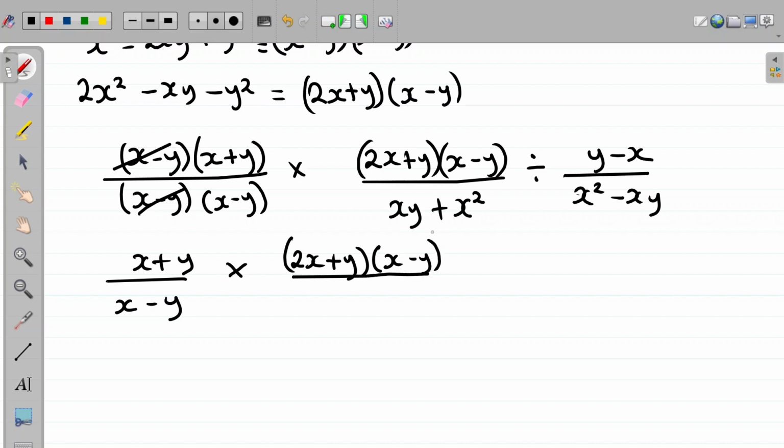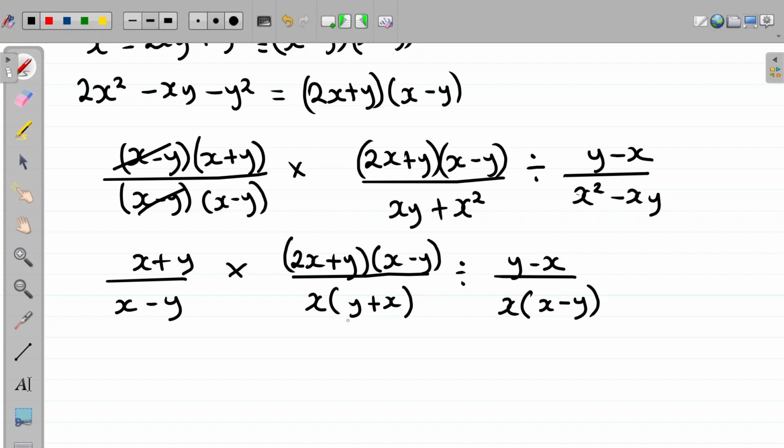Now, from the denominator, we have xy plus x squared. We can factor out x, and our denominator becomes x, open bracket, y plus x divided by y minus x, all divided by, also here we can factor out x. We have x, open bracket, x minus y.